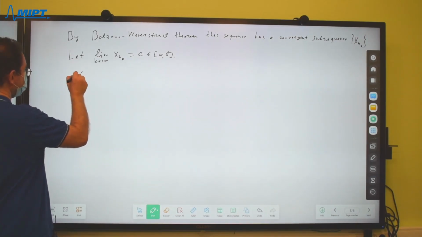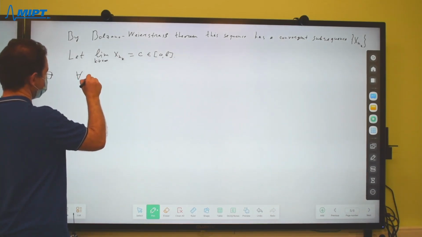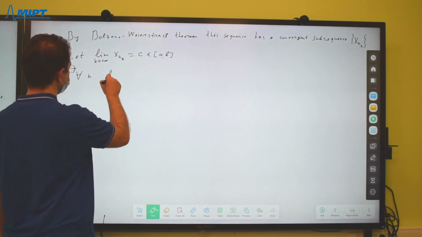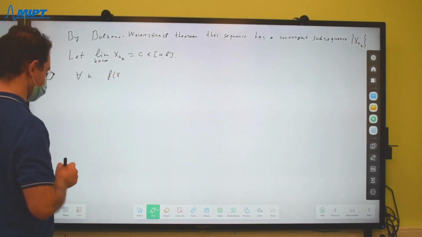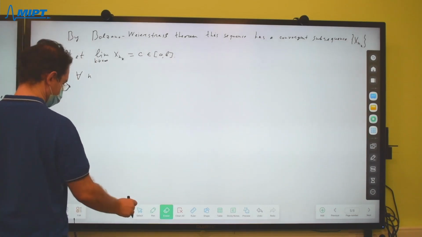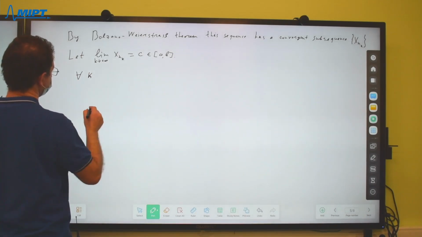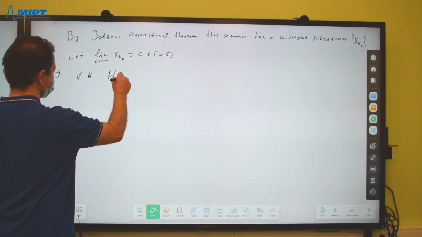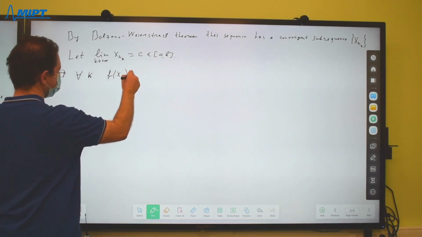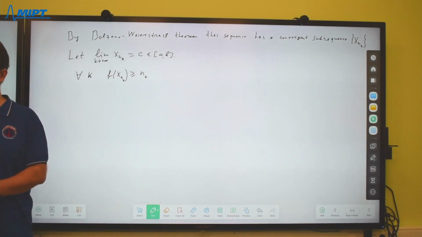Now, for any k, we know that f of x_{n_k} is greater than n_k, because this is the way we have constructed this sequence x_n. f of x_n is greater than n.